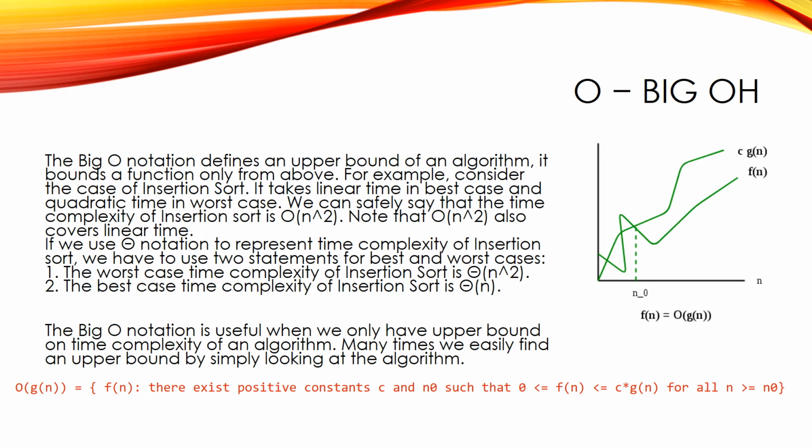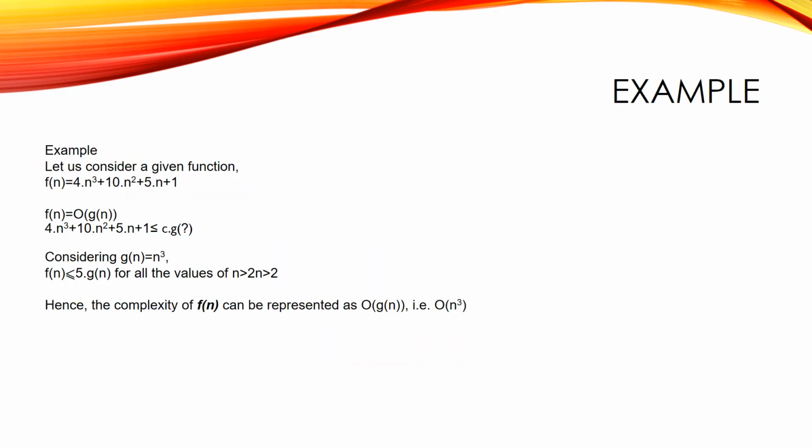Here f(n) is given, and if we want to represent f(n) in terms of big O notation, then f(n) is less than or equal to c dot g(n), c is greater than 0, n is greater than or equal to k, and k is greater than or equal to 0.